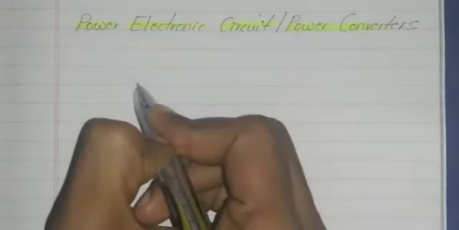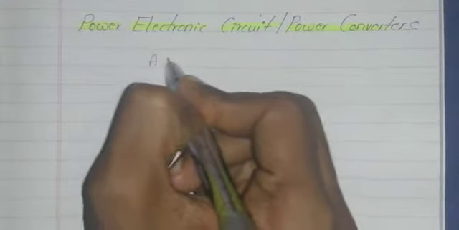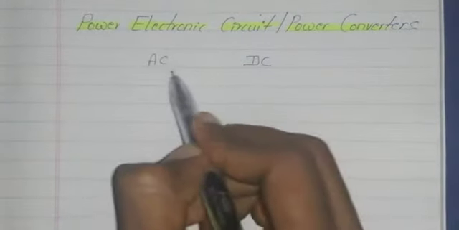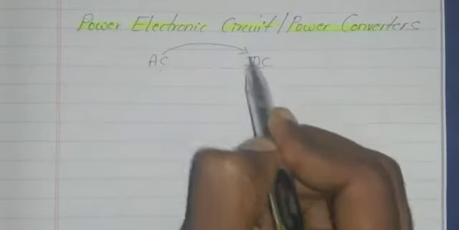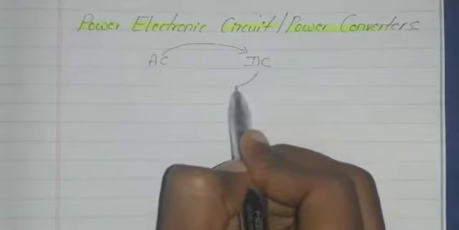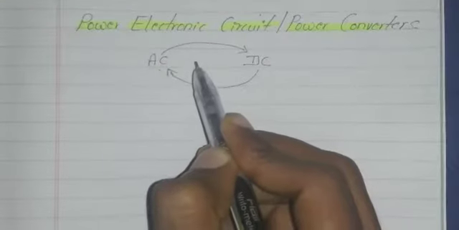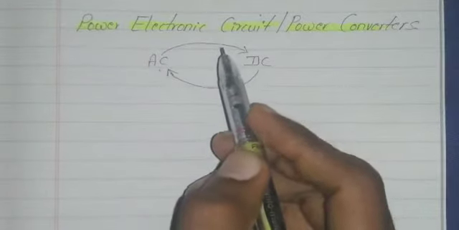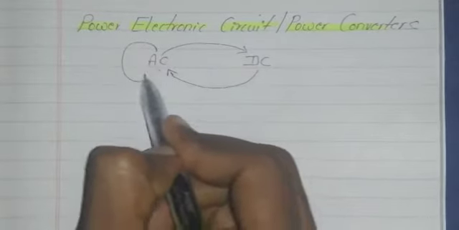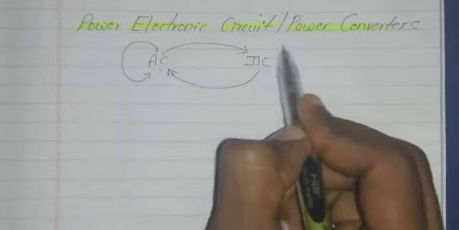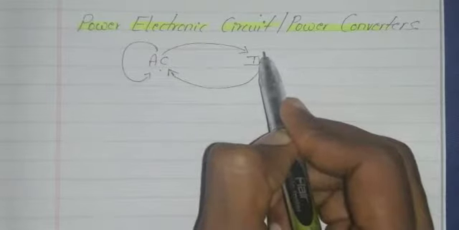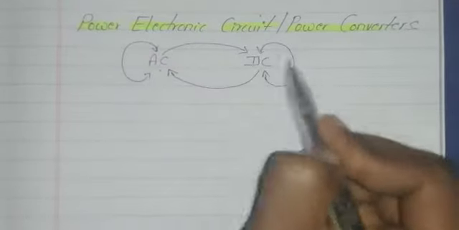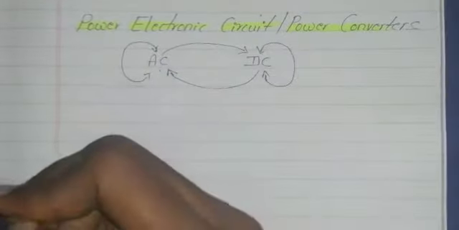That means we have AC and DC: to convert AC to DC, DC to AC, higher voltage AC to lower voltage AC, and high DC to low DC or low DC to high DC, anything. For this conversion we use power electronic circuits.